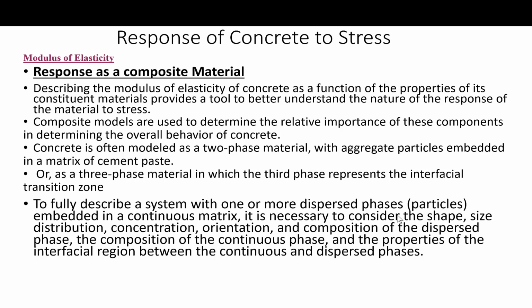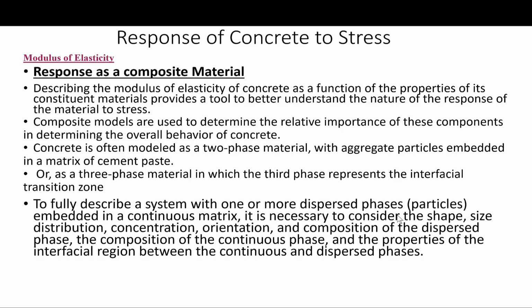So to gain a really basic understanding, concrete is often modeled as a two-phase material with aggregate particles embedded in a matrix of cement paste, or as a three-phase material in which the third phase represents the interfacial transition zone we talked about before.